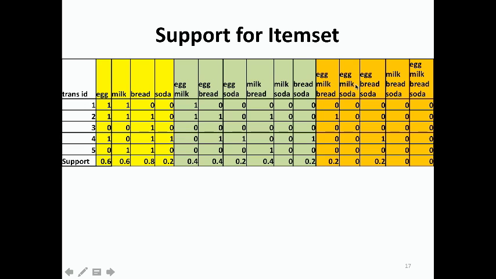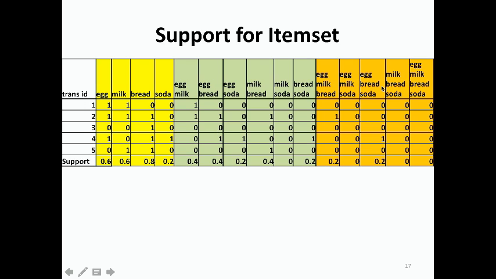You can continue to use this coding for a combination of 3 products: egg, milk, and bread. The second transaction has purchased all 3 and none of the others. For egg, milk, and soda, none of the transactions have purchased this combination or this combination. And this 3-product set is purchased only in transaction 4 and none other.